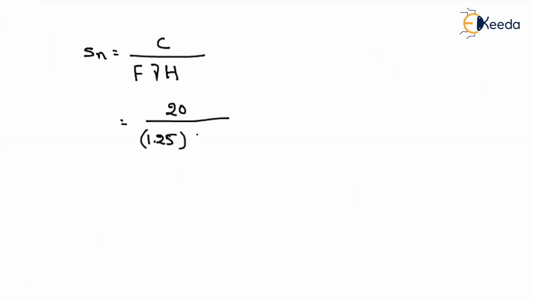Whatever the weight density is given, 17 kilonewton per meter cube. Height of the filling is given as how much? I think 12 meters. So if we are solving this, then we will get this value as 0.078.